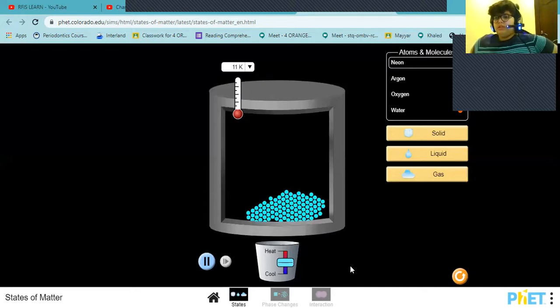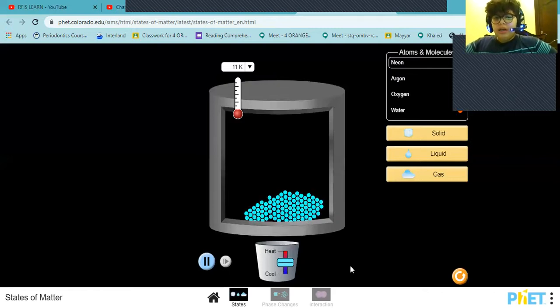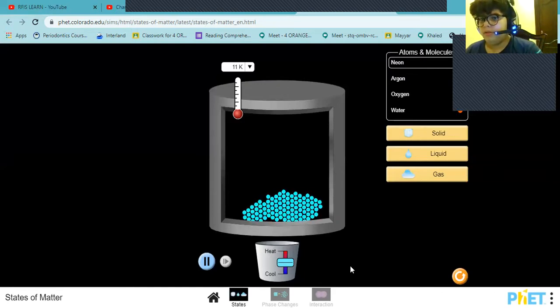The surface tension is like this: particles under the surface of water have water particles surrounding them everywhere, so they are attracted from all directions, and they move in all directions.